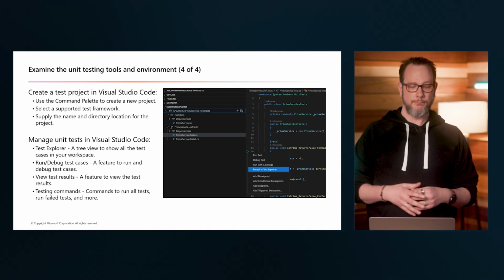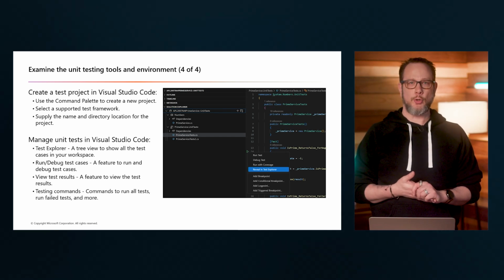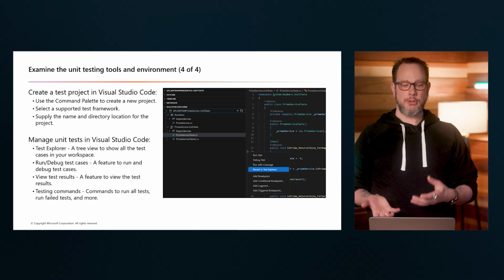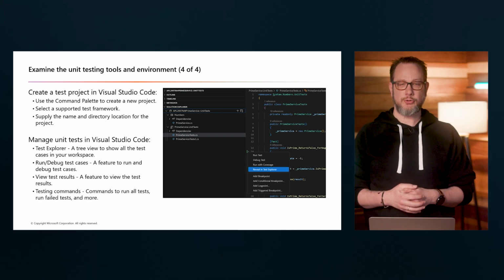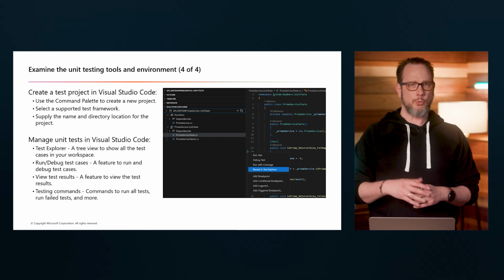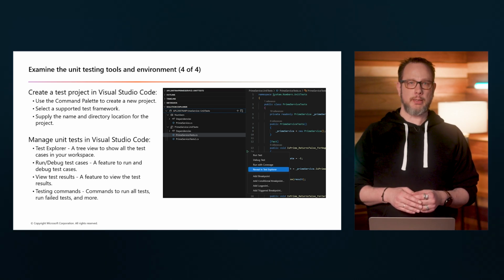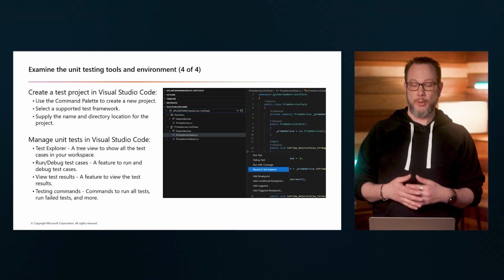So what we're going to do traditionally is use the good old Visual Studio Code approach: open the command palette, create a new project. You're going to select your framework and it's adding all the tests into it. Now, thanks to GitHub Copilot, you're still going to do the same thing. We're not changing anything.